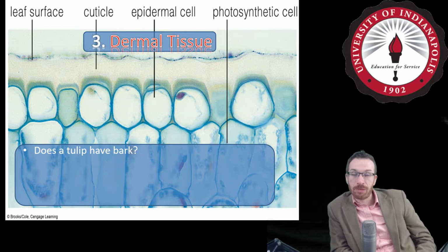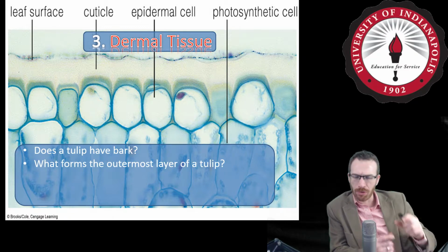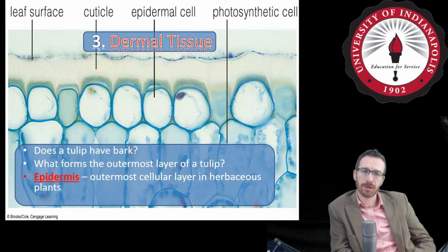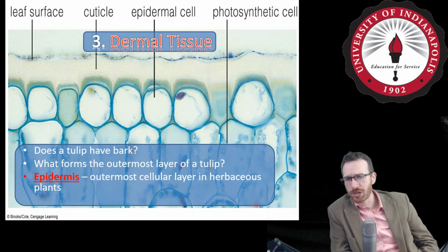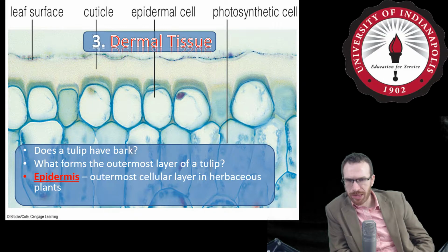That is because a tulip does not grow bark. So what is the outermost layer of a tulip? That is going to be the epidermis. That is both on the stem and on the leaves. So the epidermis is going to be the outermost cellular layer in what we call herbaceous plants. We'll define this a little bit later, what a herbaceous plant is specifically.